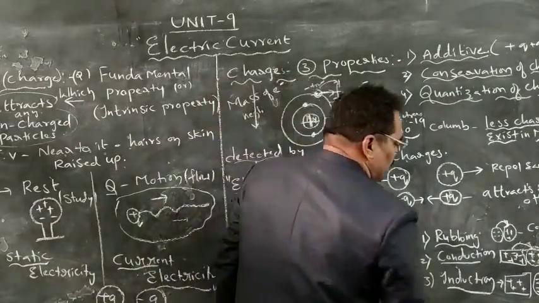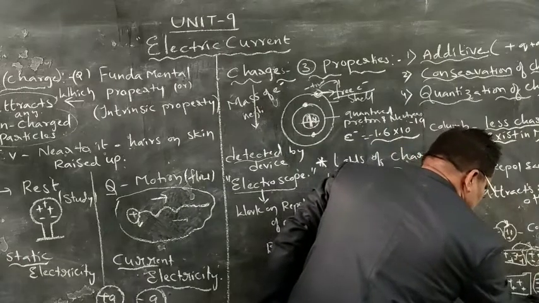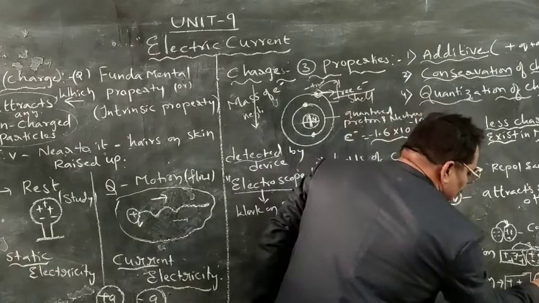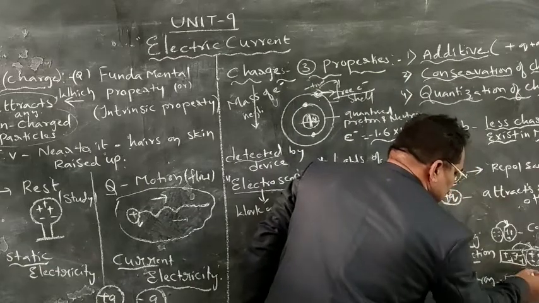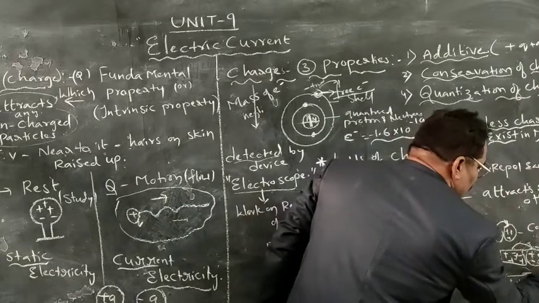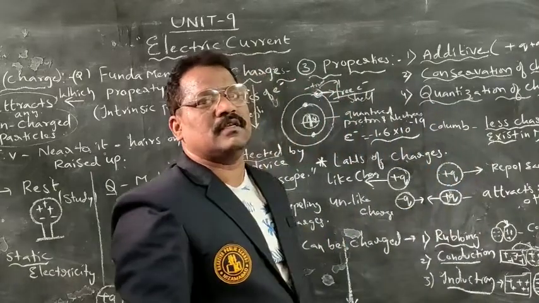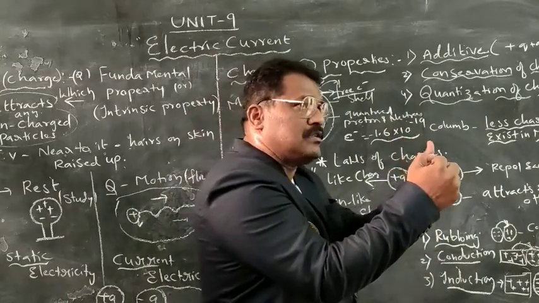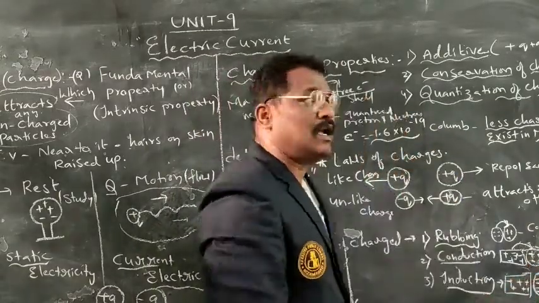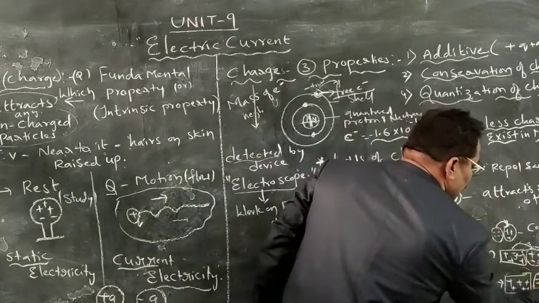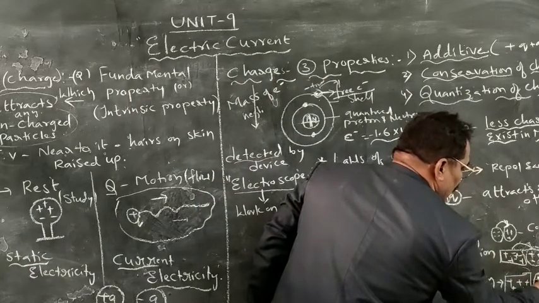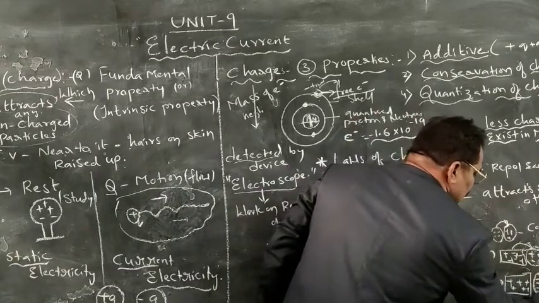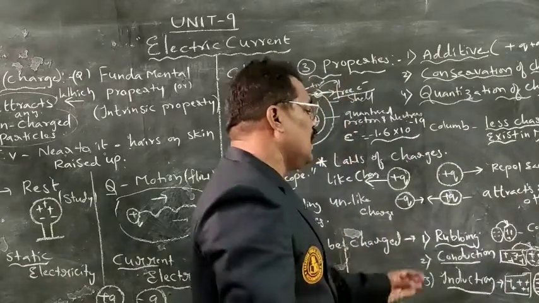At that time, the charges existing in the second body, which has both positive and negative charges, will be redistributed in such a way that all negative charges will be towards one side and all positive charges towards the other side.